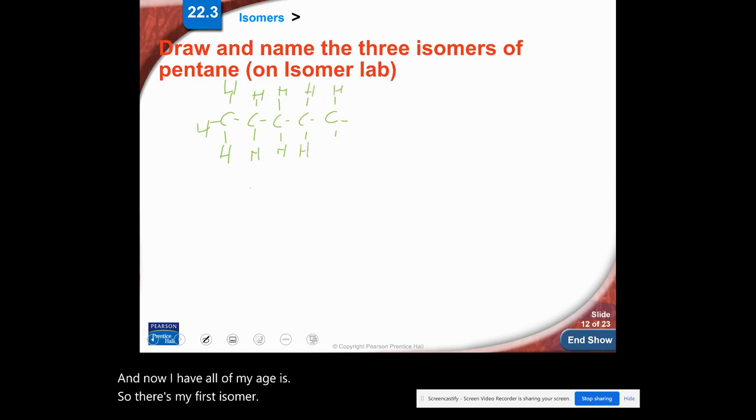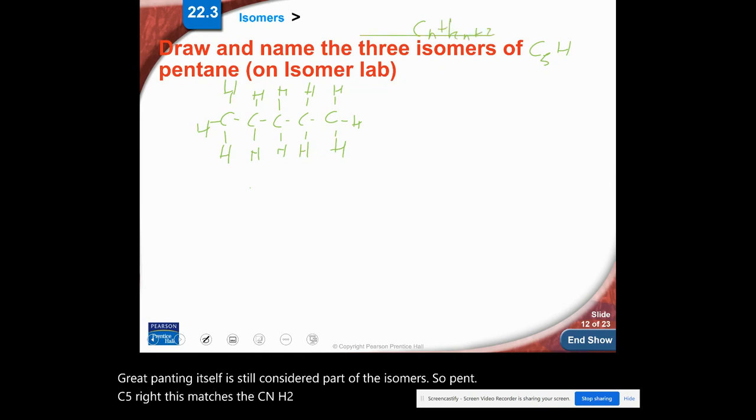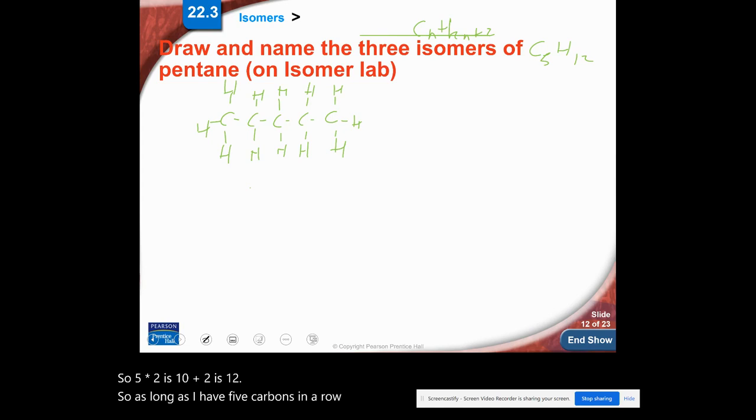Pentane itself is still considered part of the isomers. So pent, C5, right? This matches the CnH2n plus 2. So 5 times 2 is 10 plus 2 is 12. As long as I have 5 carbons, 12 hydrogens, and single bonds, it's all good.